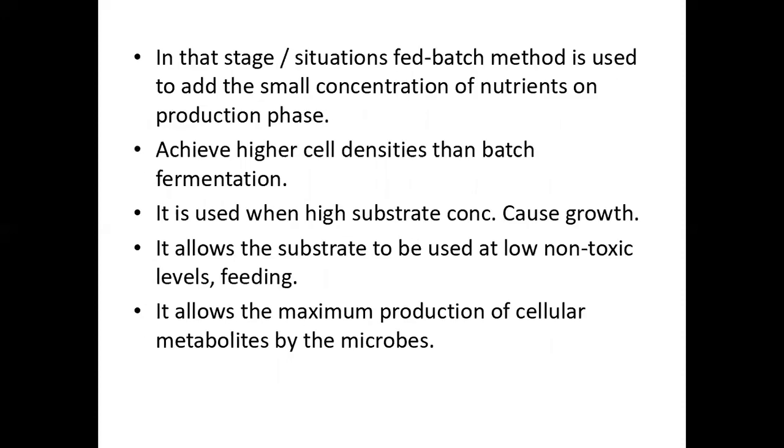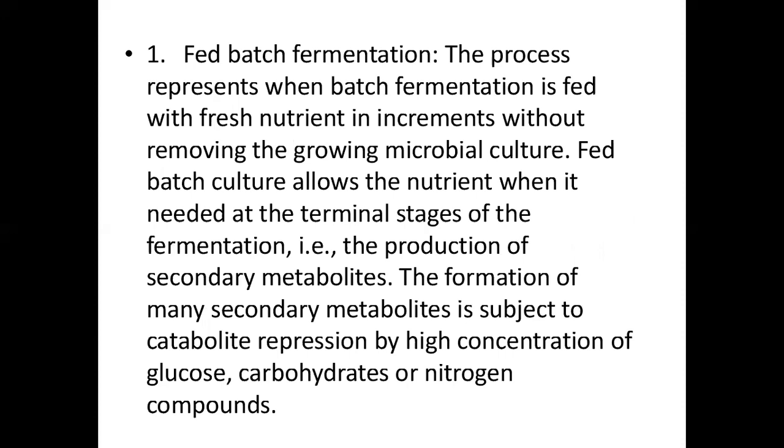Now, in that stage, the fed batch method is used to add a small concentration of nutrients in the production phase. In some cases, whatever product is being produced will be subjected to catabolite repression. It means that due to some compounds the process will be repressed.